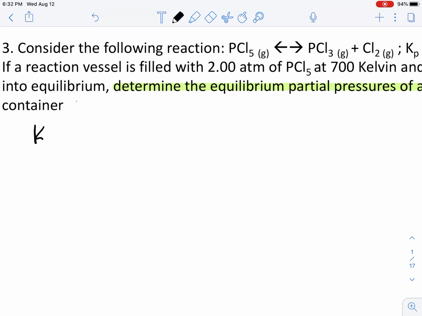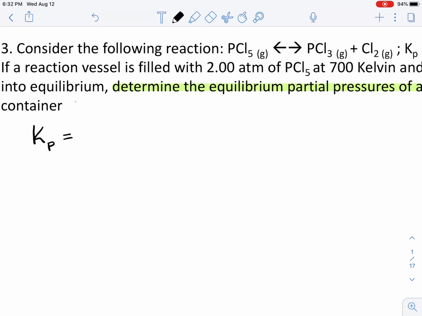And so Kp is the equilibrium constant with respect to partial pressure of gases. And very similar to all mass action expressions, we're going to write the products in the numerator, each raised to its own coefficient, and the reactants in the denominator raised to its own coefficient.